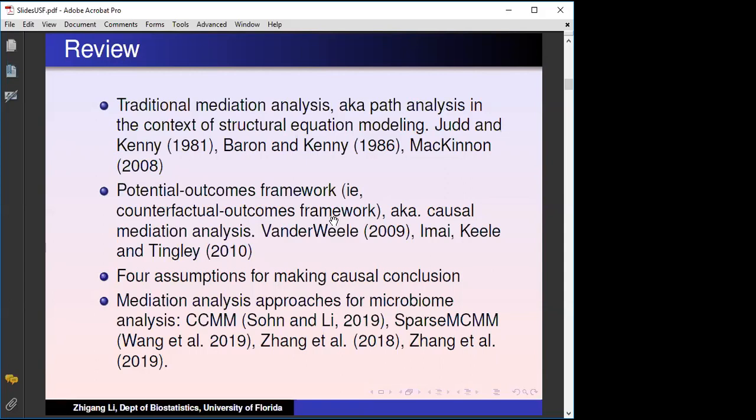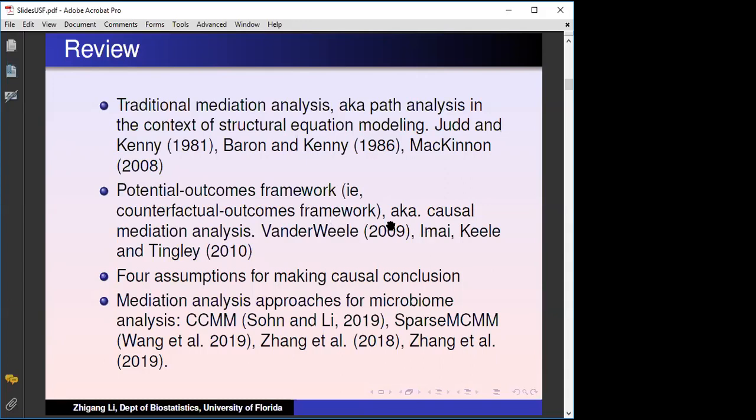But fortunately, under some reasonable assumptions, we can use the observed data to get a good estimation of the missing data. At least, we can use the mean of the observed data to estimate the mean of the missing data under reasonable assumptions.